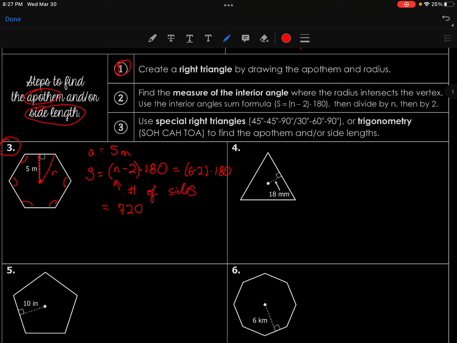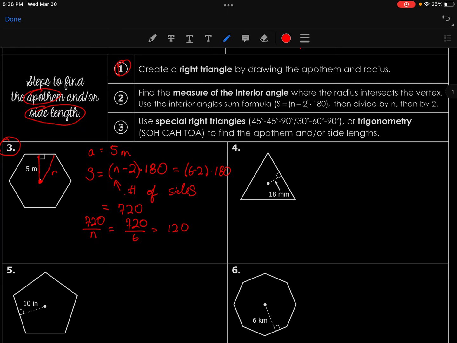But we are looking for the measure of half of one angle. How do we do that? Well, divide the sum of all the angles by the number of angles. So 720 divided by the number of sides, which is 6, will give you 120.